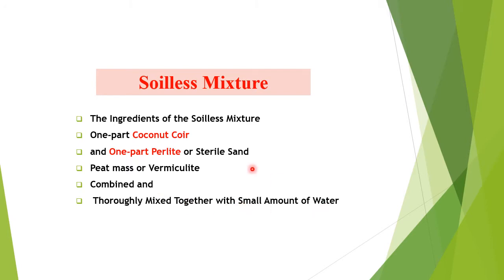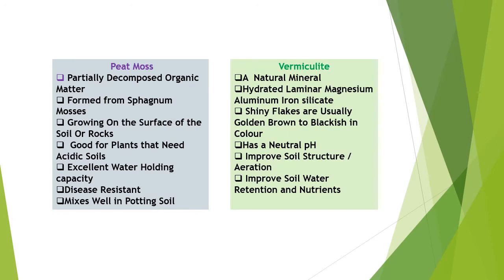We have already discussed in detail the nature of these soilless mixtures in our previous videos, but just to refresh your memory, we'll give some brief idea about peat moss as well as vermiculite.